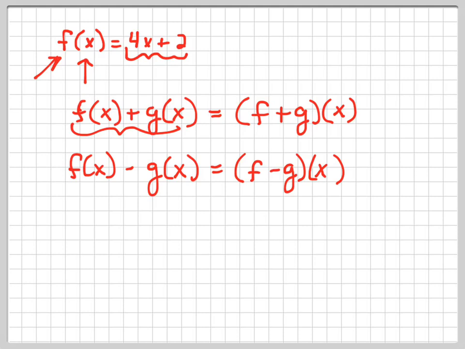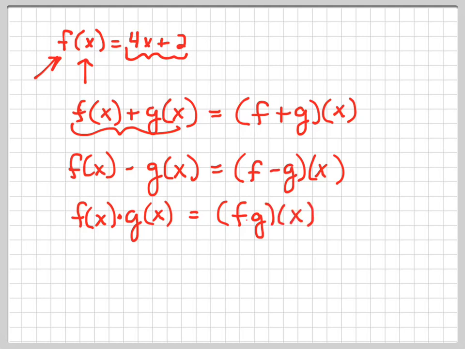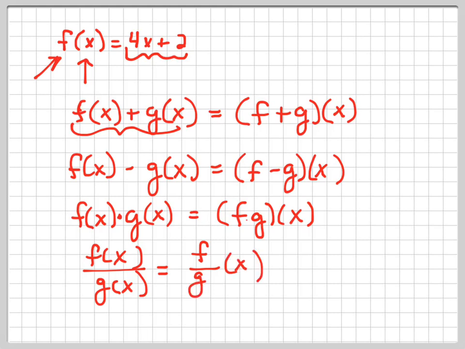And if we multiply two functions, f of x times g of x, I can put a dot in the middle to show multiplication, f times g of x, and division, f of x over g of x, can be written f over g of x. This has a caveat: g of x cannot equal 0, because then you'd be dividing by 0.